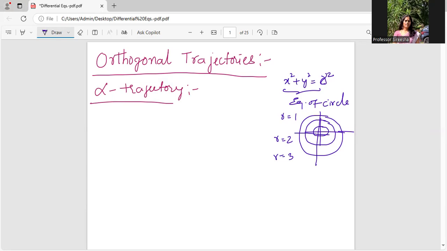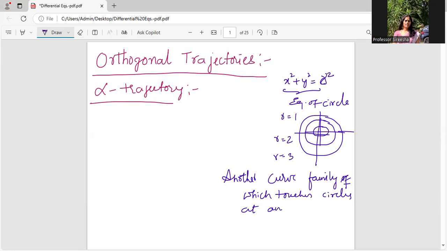Now for this family of circles, if there is another family of curves which cuts the circles at an angle alpha, then it would be called an alpha trajectory.